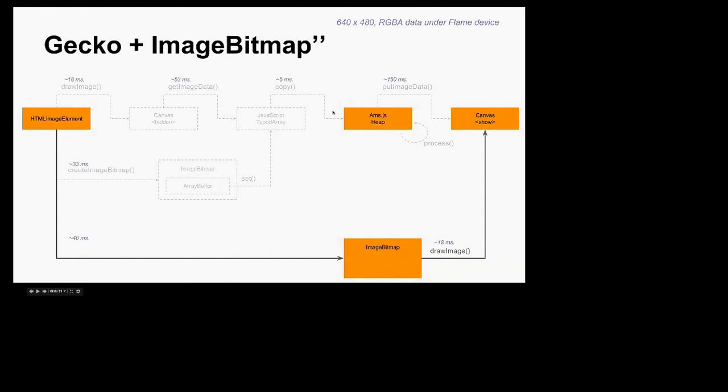So we bind the already created ASM.js heap into the createImageBitmap method, so that the ImageBitmap uses the bound external buffer as its own buffer, and writes the raw data of the HTML image element or HTML video element into this buffer directly, so we can avoid the extra copy operation.